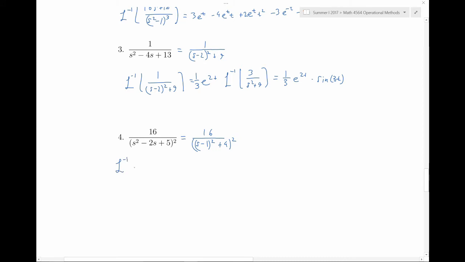Therefore, the inverse Laplace transform of 16 over s minus 1 squared plus 4 squared must be the same as e to the t times the inverse Laplace transform of 16 over s squared plus 4, and the whole thing is squared.